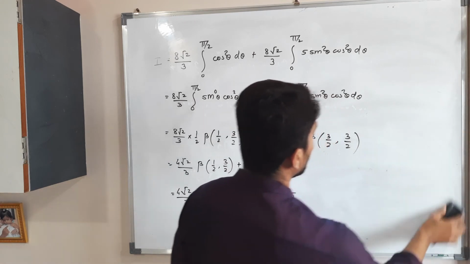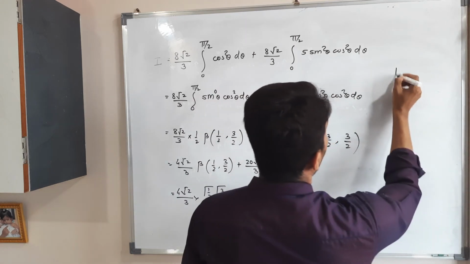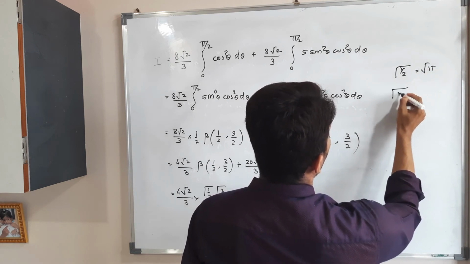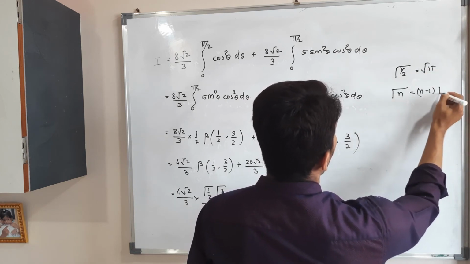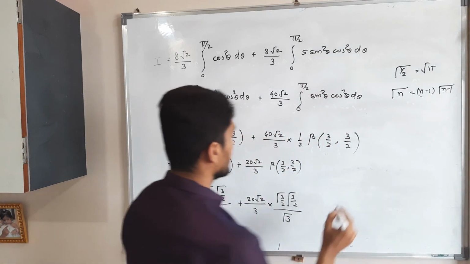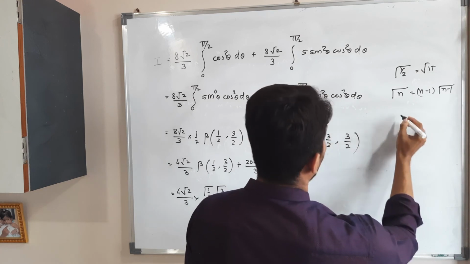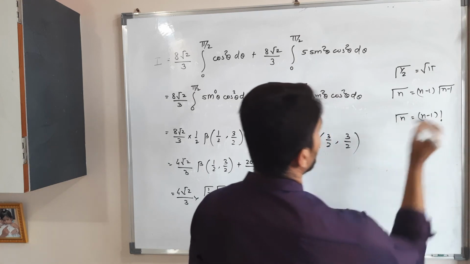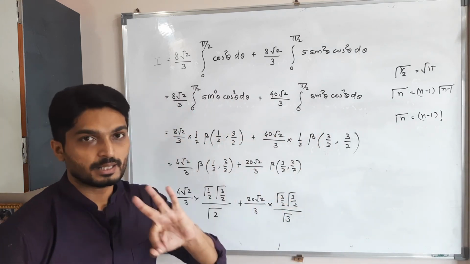Okay, I will remove this one now. A few things you should know: first, gamma 1 by 2 is root pi. Second, gamma n is n minus 1 times gamma n minus 1. Already in second year BSc we have studied all these things. And third, for a positive integer, gamma n is n minus 1 factorial. These three things I am going to use.